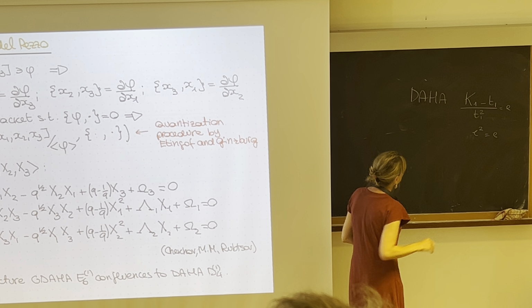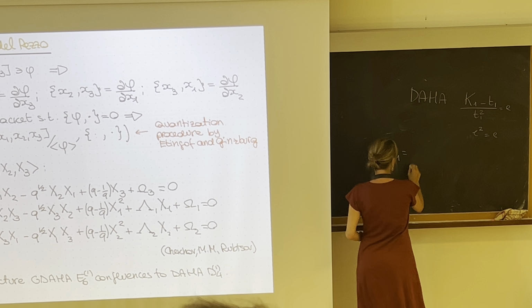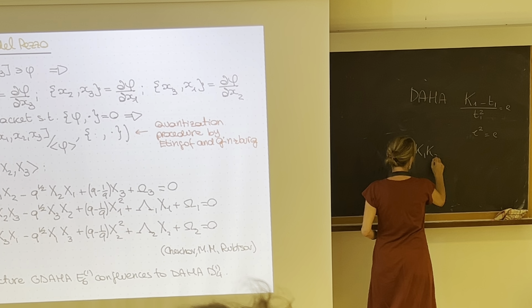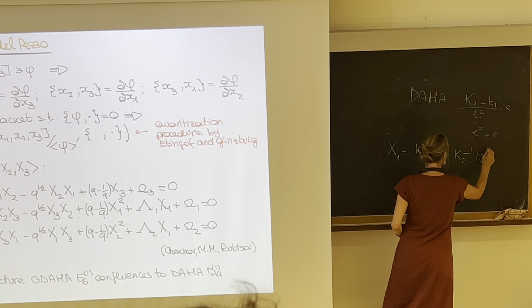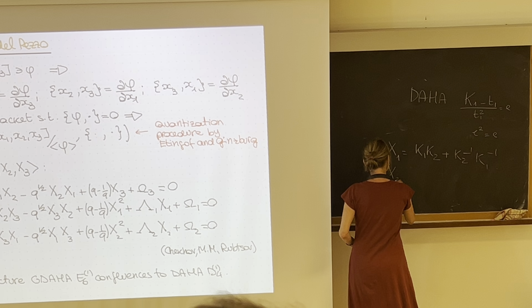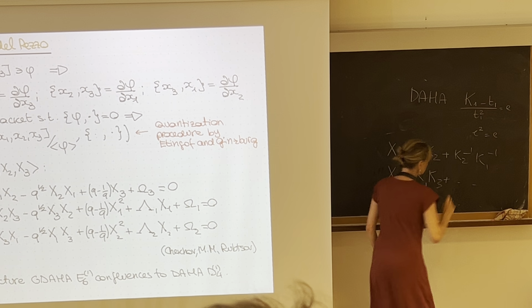Anyway, you do this, and then you cook some x1, which will be k1 k2 plus k2 minus 1, k1 minus 1, and then x2 will be, I don't know, k1 k3 plus the other way.